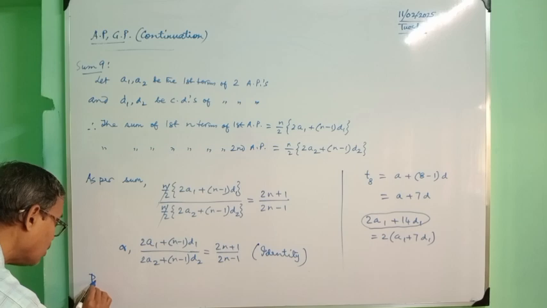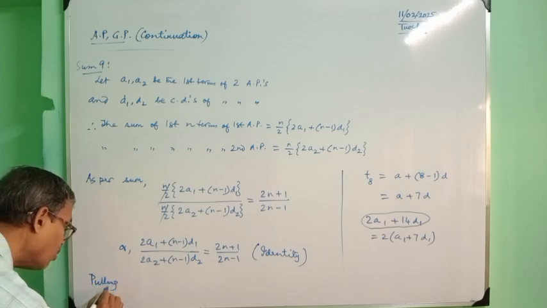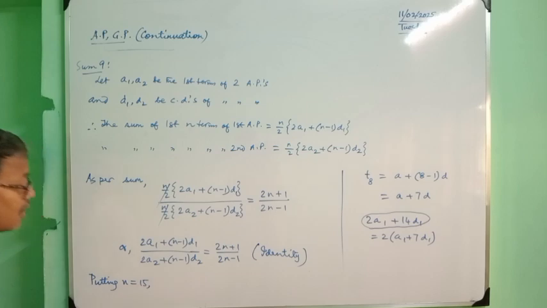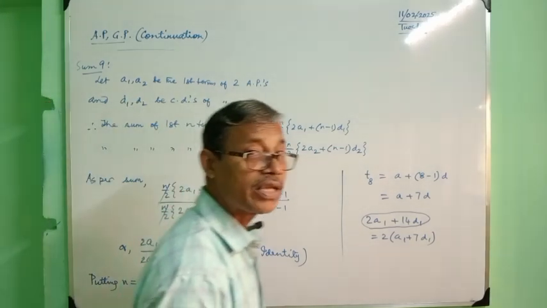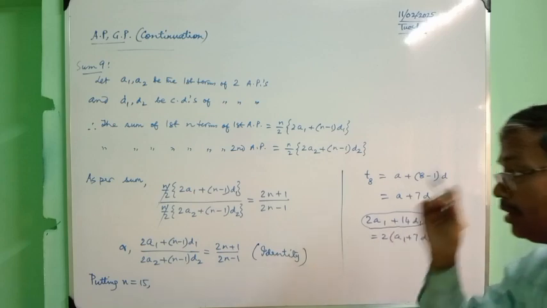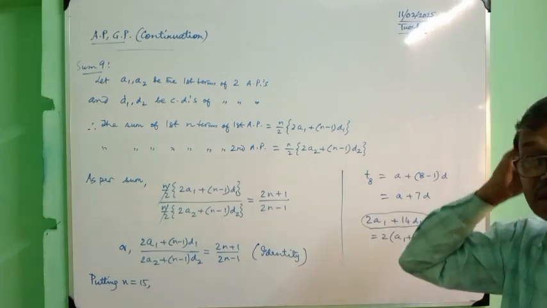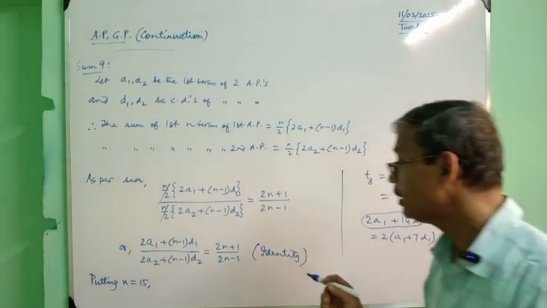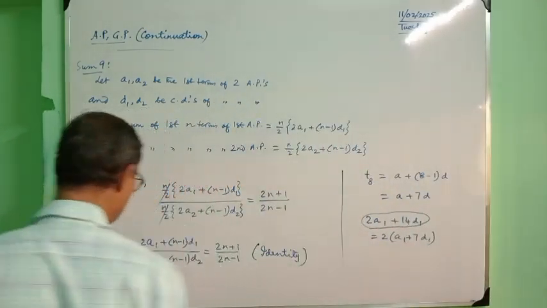Putting n equal to 15, try to understand why we are putting n equal to 15, because we have to find the ratio of the 8th term. That is why I put here n equal to 15.